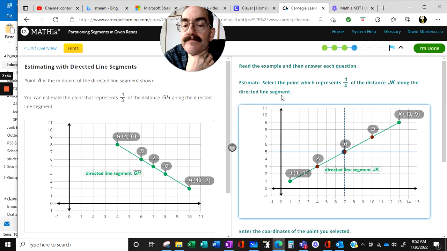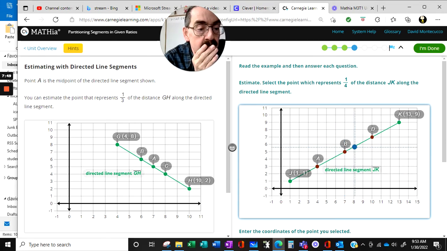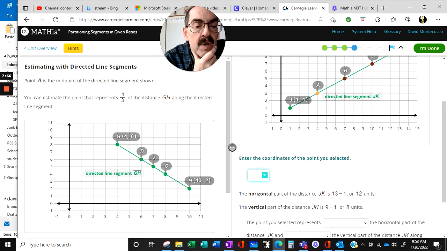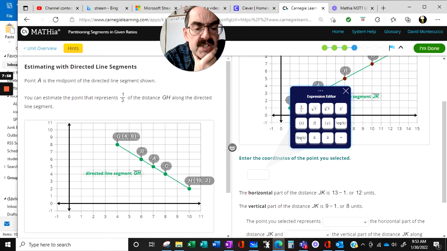Partitioning. Okay? So now 1/3, and we got a diagonal. So select the point 1/4 the distance. So 1/4, 1, 2, 3, 4. JK will be A. Enter the coordinates you selected, (4, 3), and when we do this we got to do parentheses. So (4, 3).